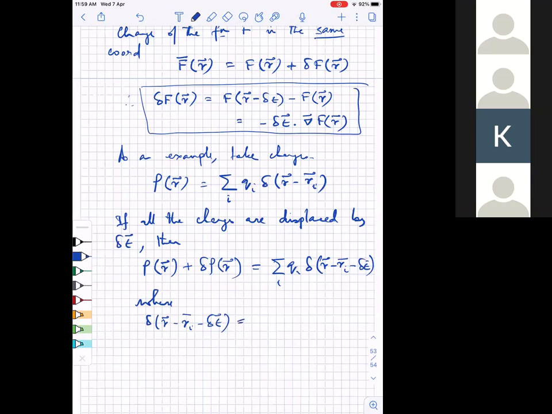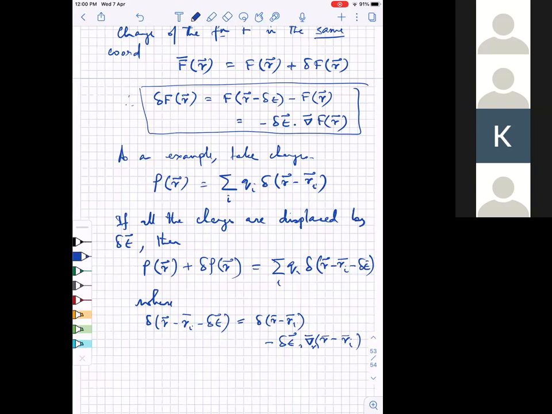So I can write it as delta of r minus ri minus delta epsilon dot divergence of, so right here, tensor. This is how I can do it.